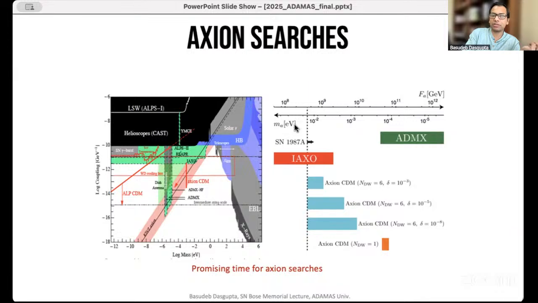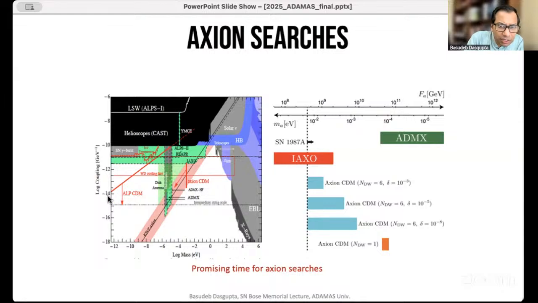This is the mass of the axion in electron volt, and for values around 10 to the power minus 2 electron volt, the QCD axion corresponds to this mass on the x-axis, and the coupling on the y-axis.